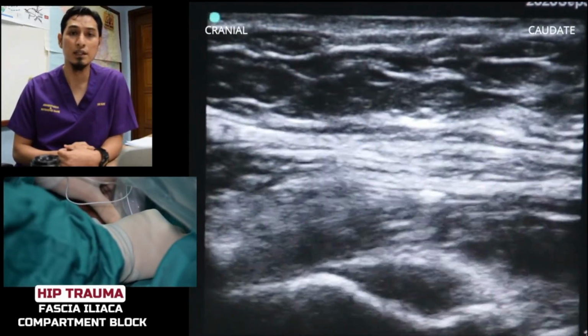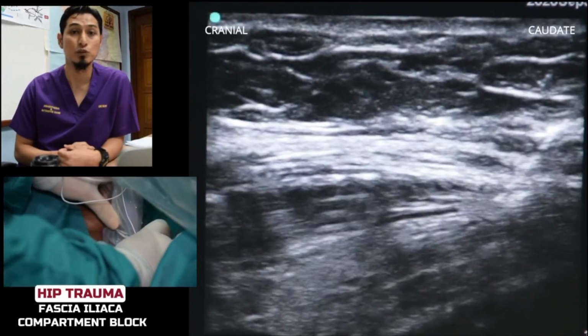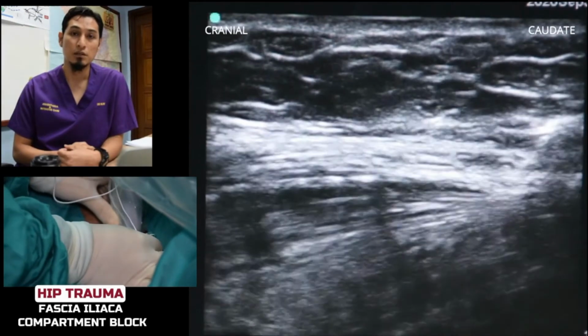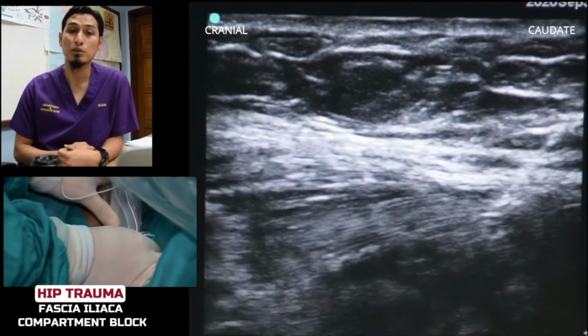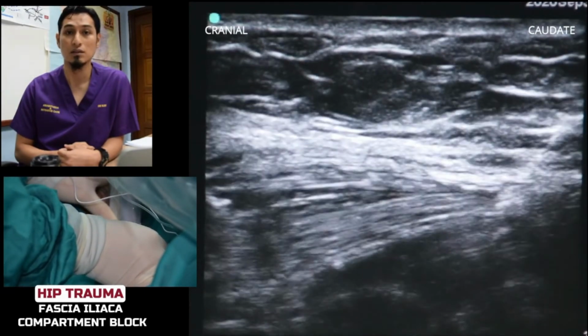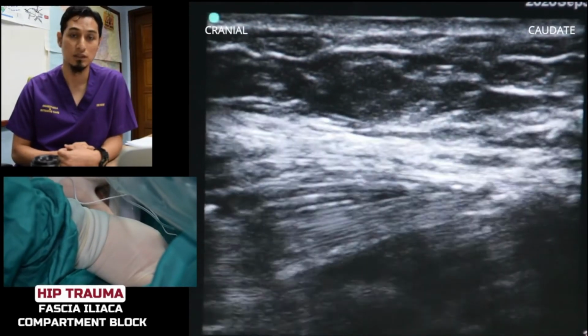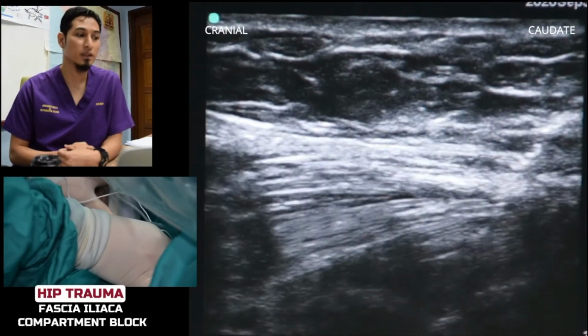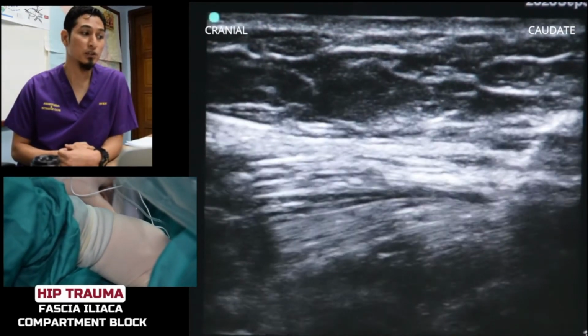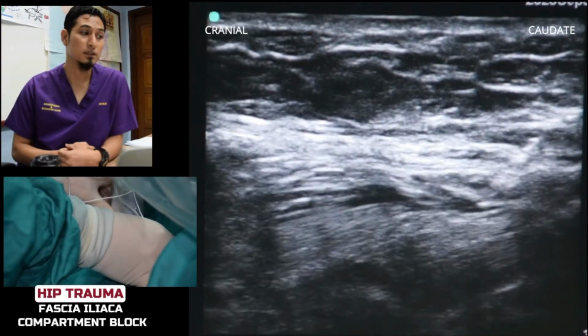We are using ropivacaine 0.2%, 20 mils of volume. We can use up to 40 mils as long as it does not exceed the toxic dose. So here we are going to inject our LA.